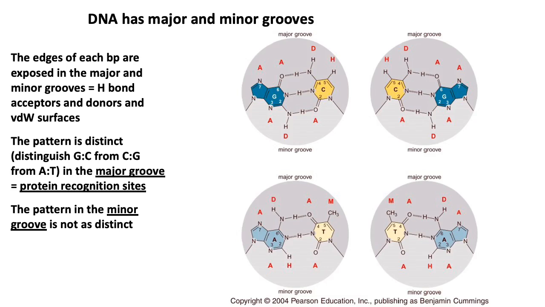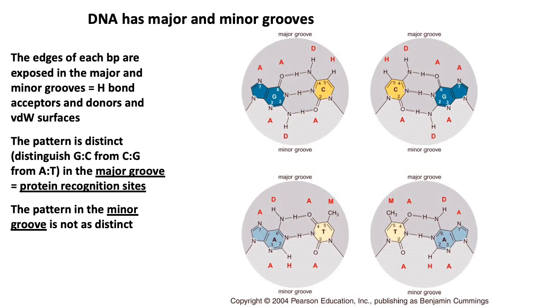Insert tab A into slot B. And when you look at the pairing of bases and which base is on which side, what's sticking out into that groove changes. And that's shown here with the red letters.